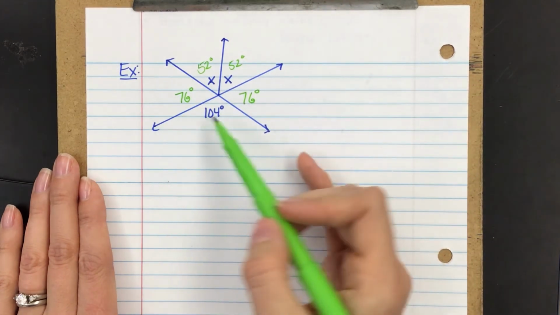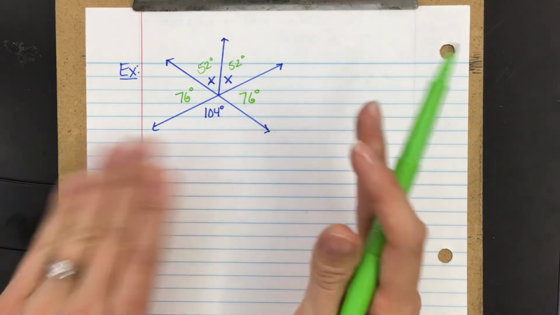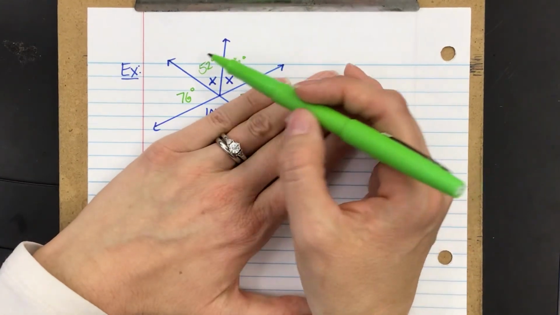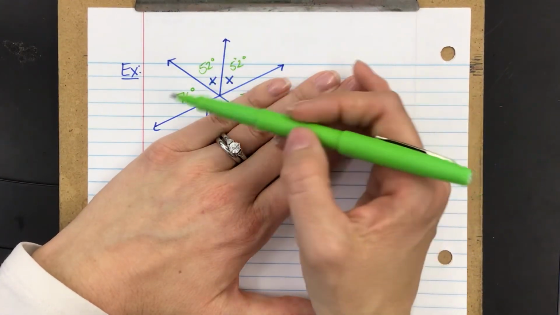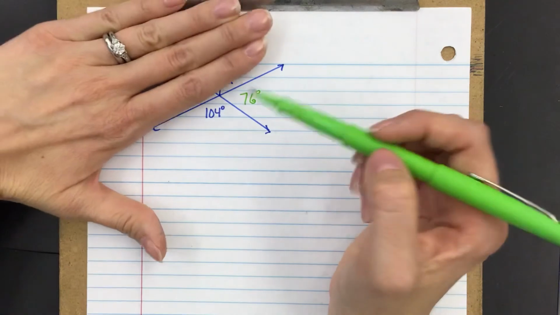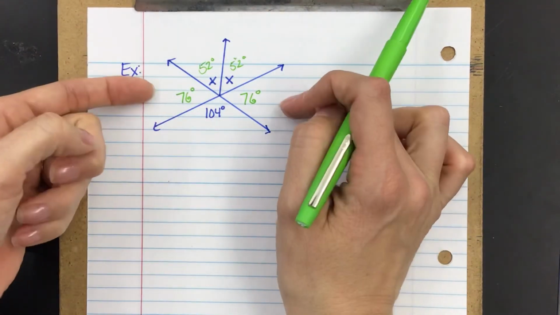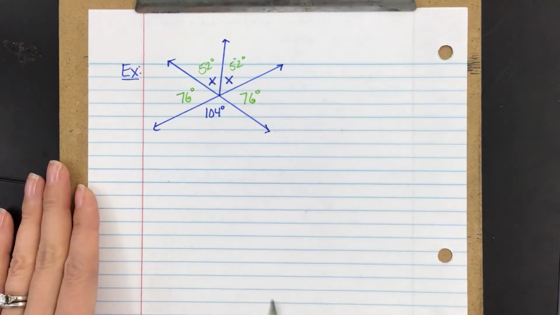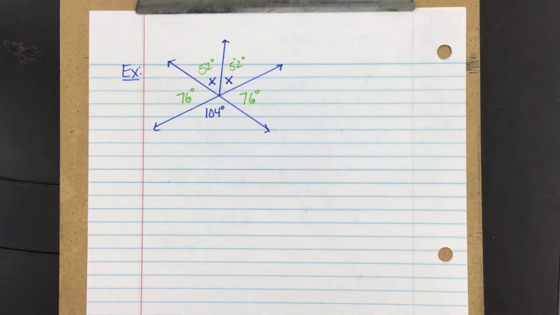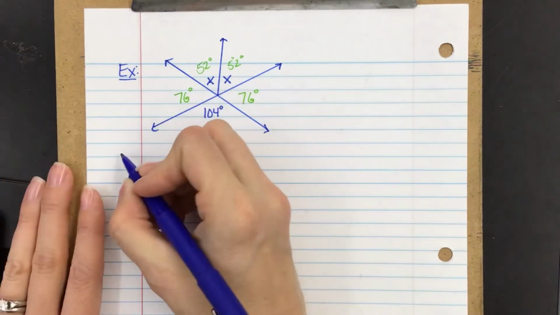Okay, you can look at this so many different ways. You could just look at that and be like, well, 52 plus 52, subtract it from 180, and I get that. You could look at it this way. You can think that these are vertical. There's a lot of different ways to approach a problem. Okay, let's try one more.